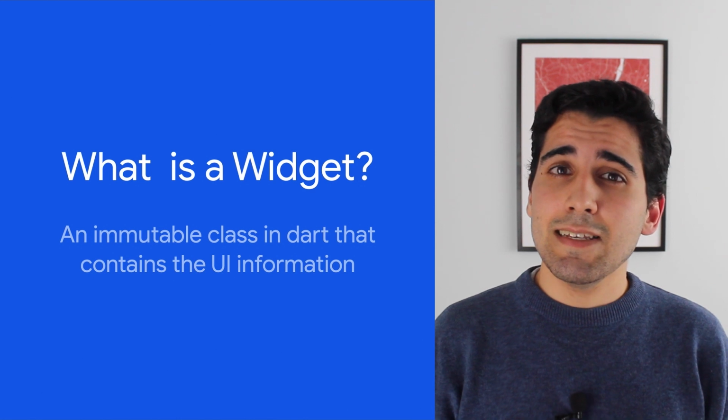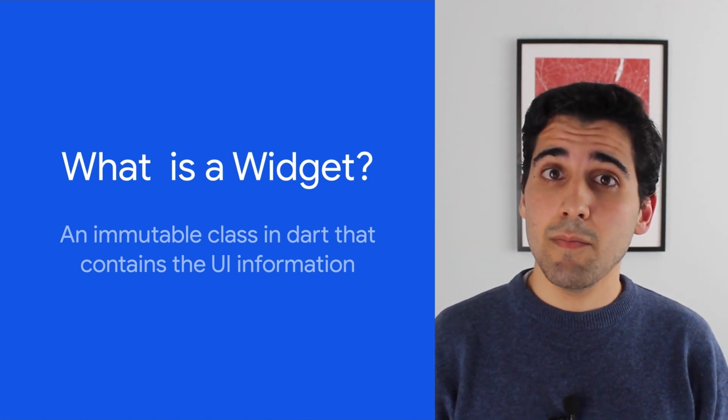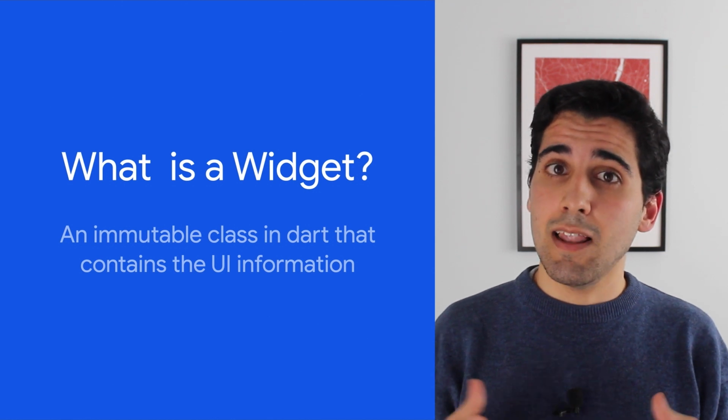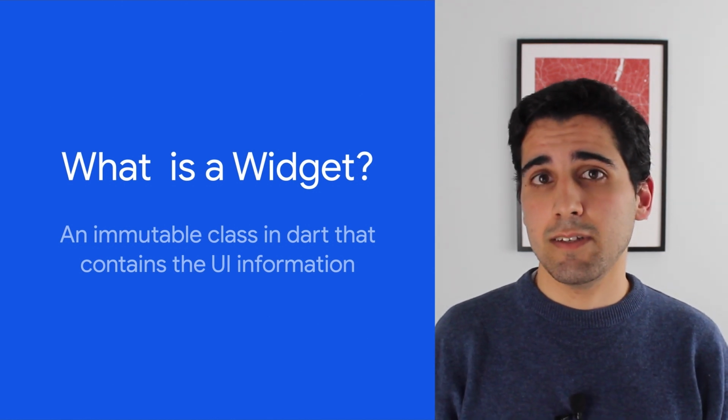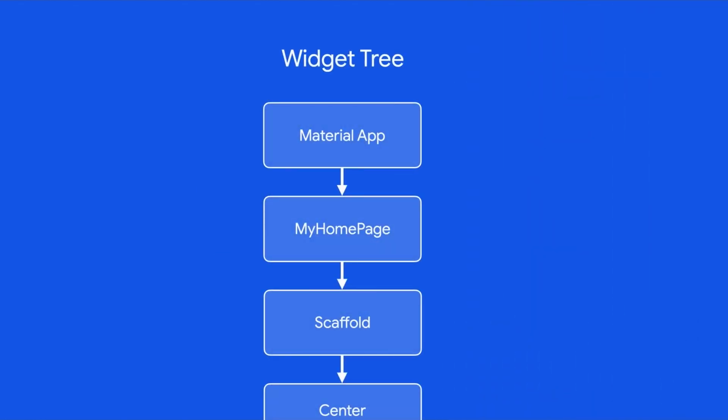But what is a widget? A widget is just a Dart class that contains the information of our UI. It is special because it is immutable. Once we initialize the class, we cannot change the properties inside. And we nest these widgets one inside another, creating our app. Also, widgets are and should be light. There is not much computational cost of constructing and deconstructing these classes.